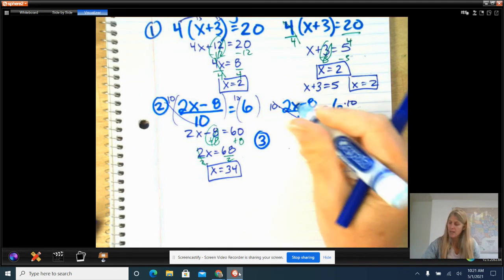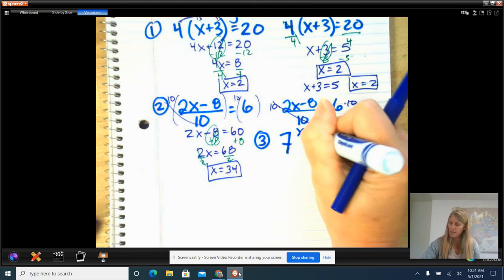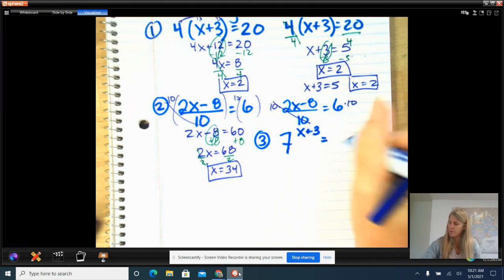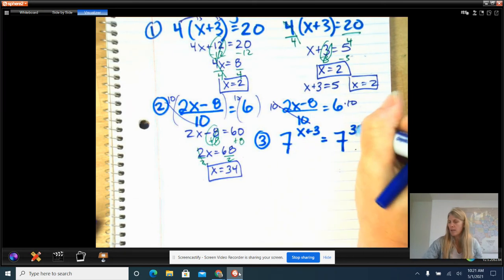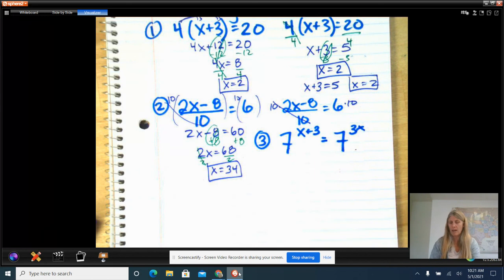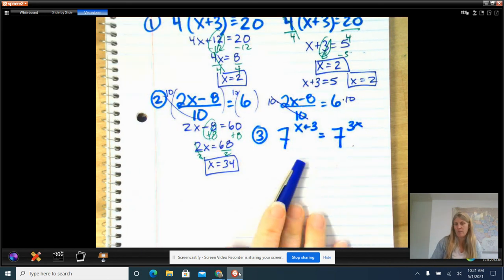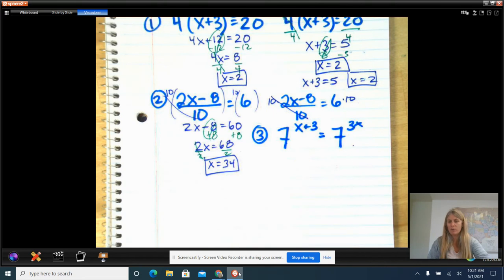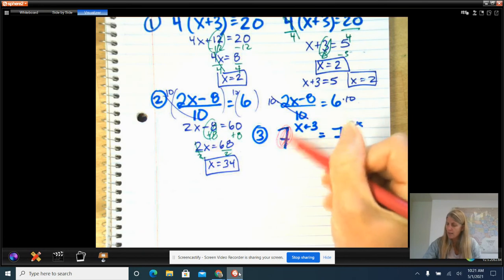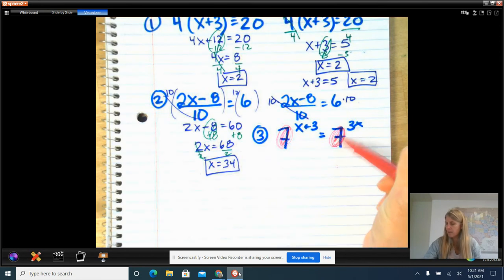Let's look at this one: 7 to the x plus 3 is equal to 7 to the 3x. Now, this one we're going to do by rewriting. You're not at the point now where you have another technique to solve it besides that, but you will be able to get there once you get to Algebra 2. So our bases are already the same, and when our bases are the same, we can ignore the bases. If they're not the same, we have to make them the same.